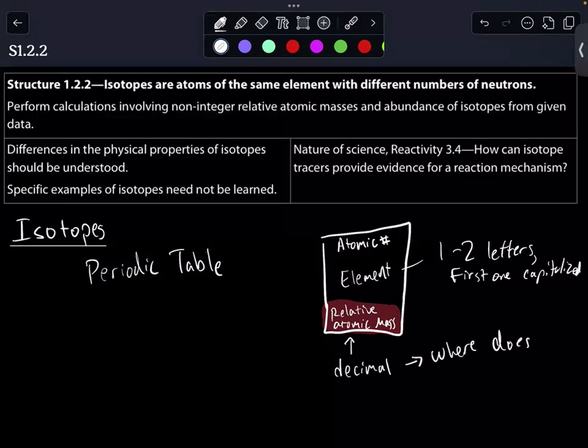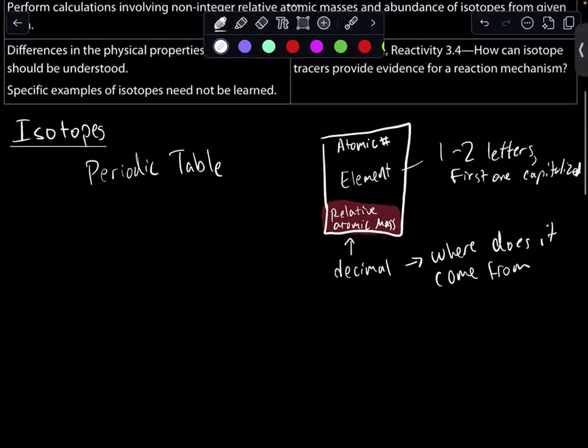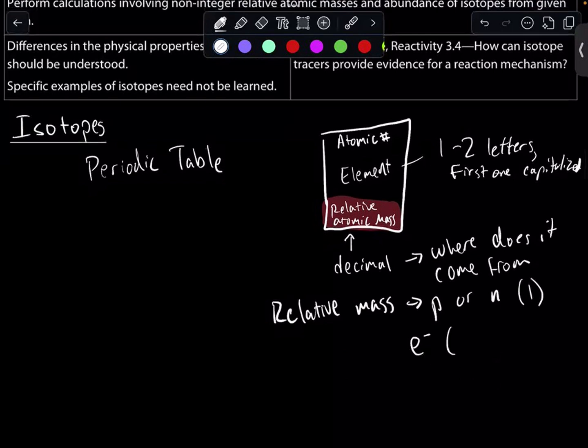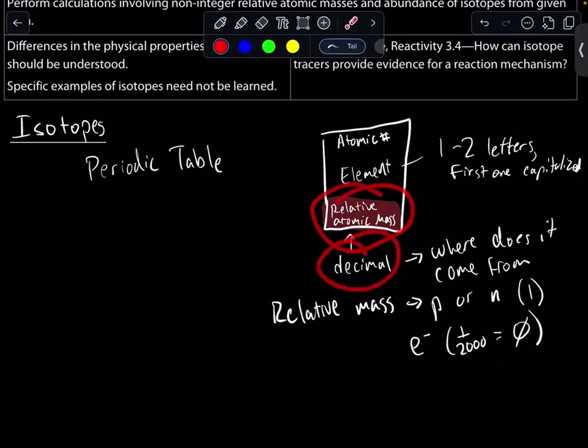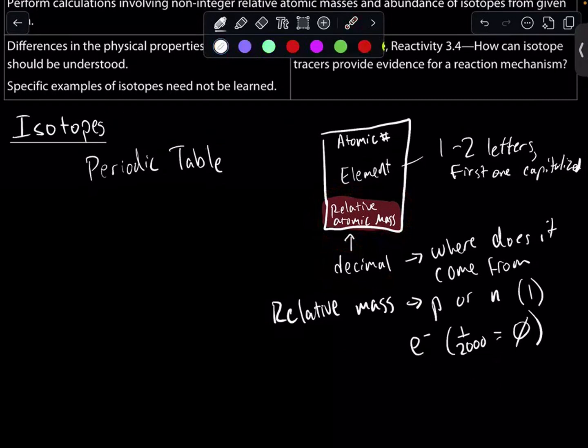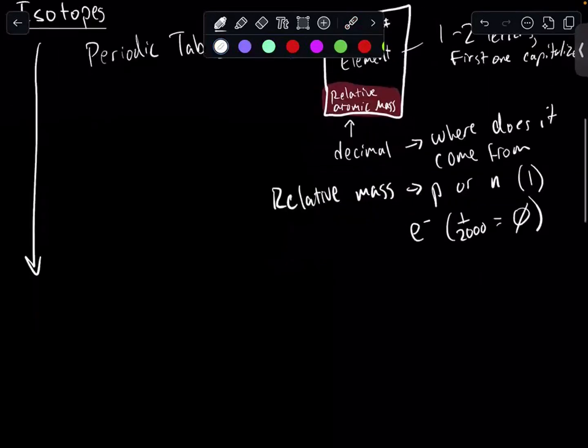What I mean by that is that we know that the relative mass, as described in the previous unit, can only come from protons or neutrons because they both have a relative mass of 1. Electrons have a relative mass of 1 over 2000, which we said was basically 0 because it's negligible, we ignore it. So how do we get decimal places in our relative atomic mass?